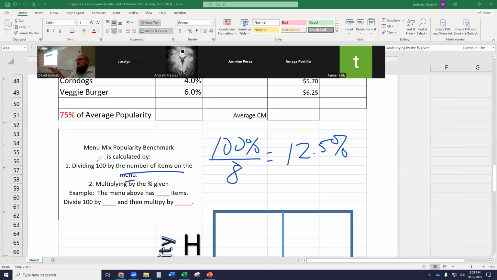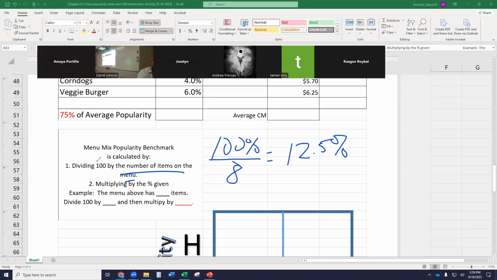So if everything was 12.5%, then that means everything would be equally distributed. That'd be all the average, right? For whatever reason, with popularity percentage, they want to give you a percentage of the average popularity. Okay. And so, Amaya, I see your hand.